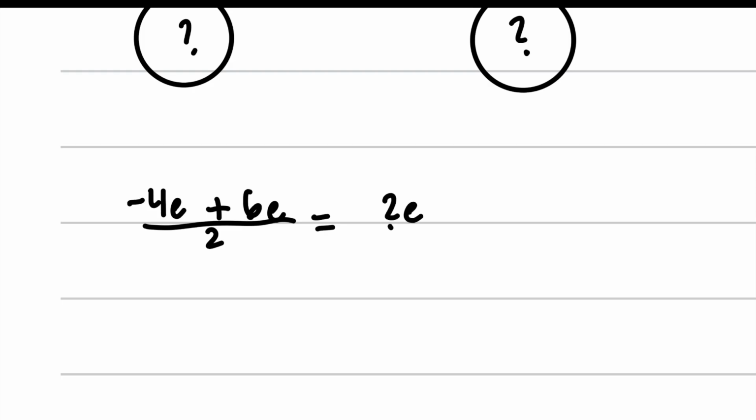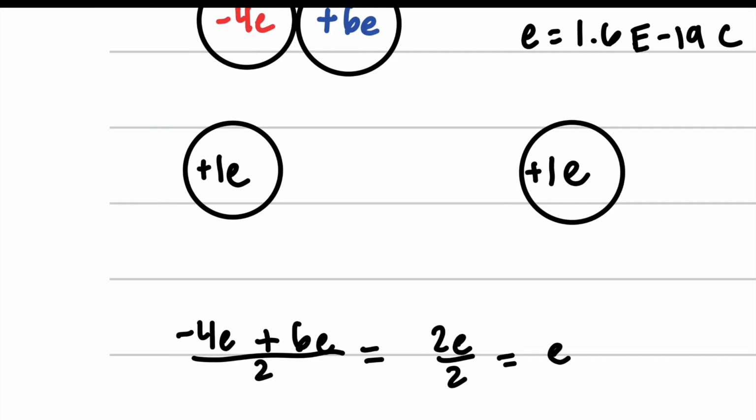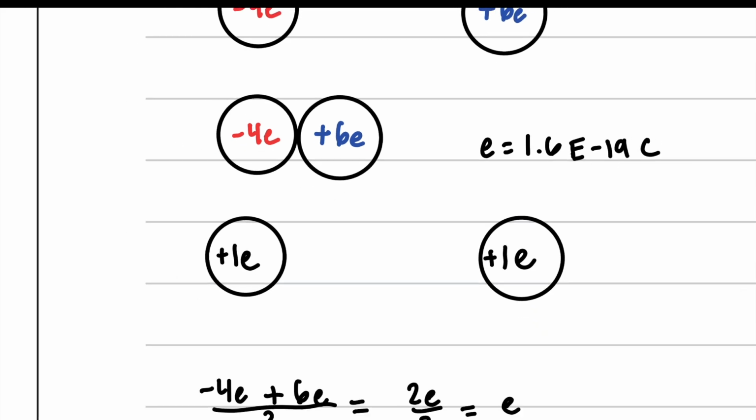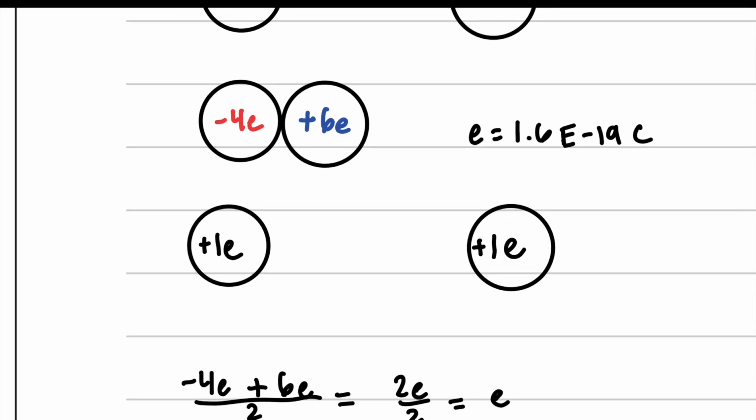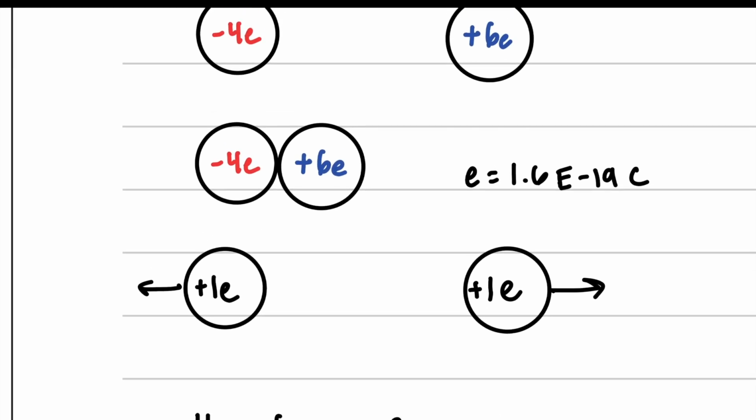We get 2e over 2 equals e. So the ending charge is just e, or 1e. Let's just say that, plus 1e. Okay, now what are they going to do? They're going to be repelled from each other, right? So yeah, that's basically it.